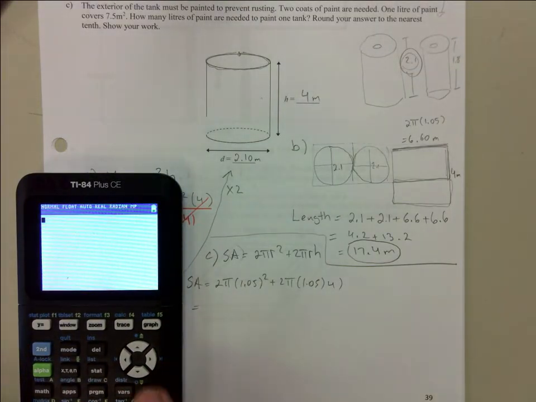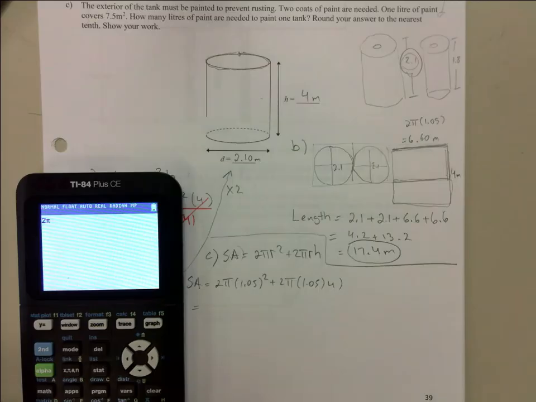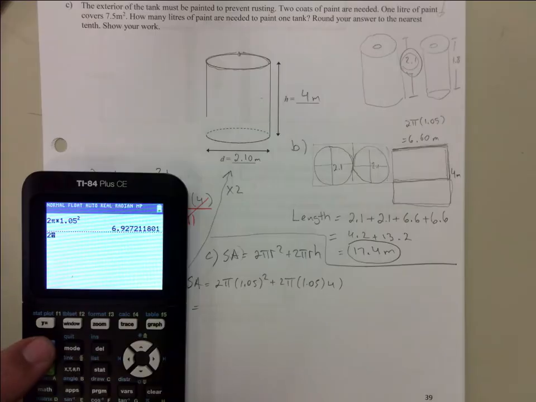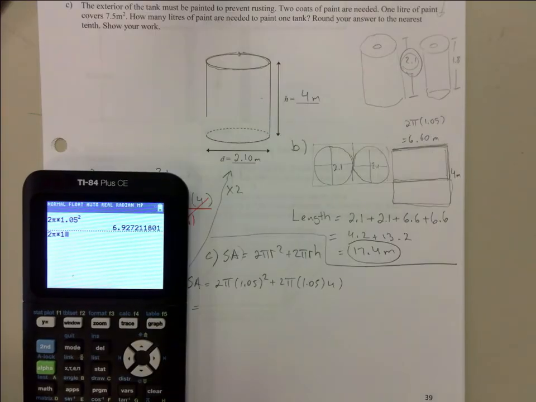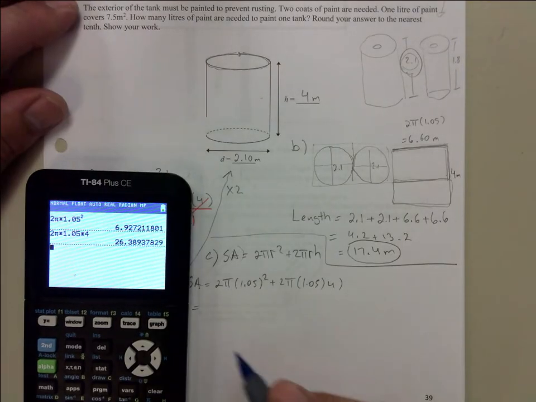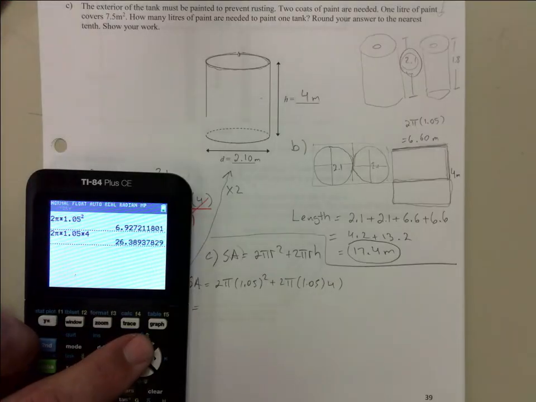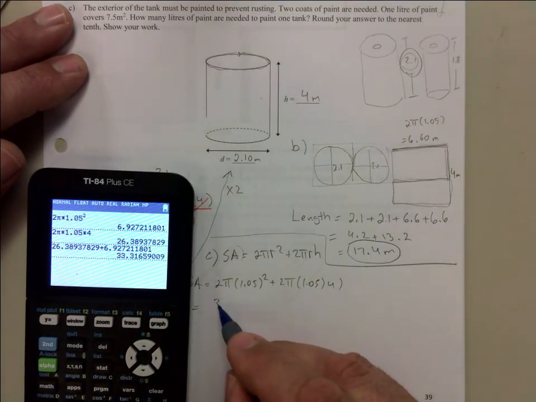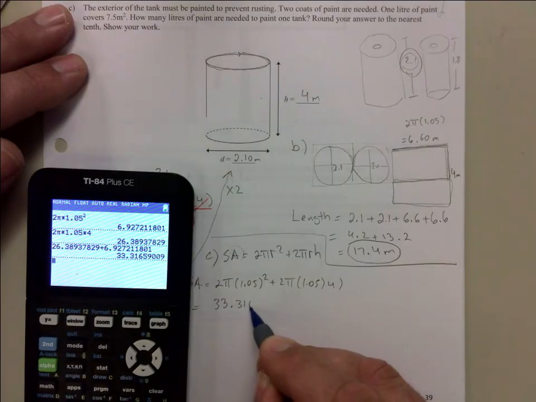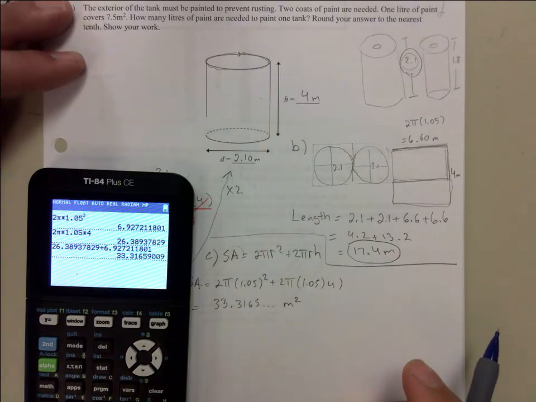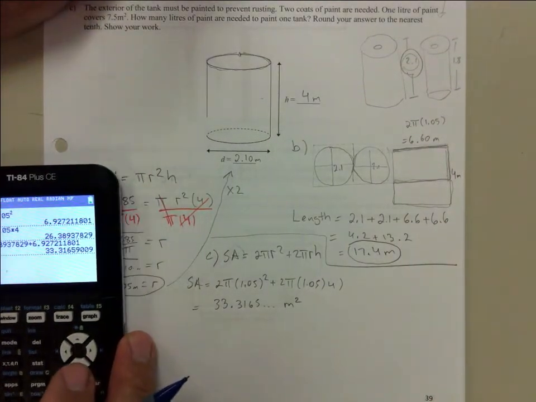You can beat me to it. 2 pi times 1.05 squared, and then 2 pi times, and then you add them up. That's 33.3165 something square meters that needs to be covered.